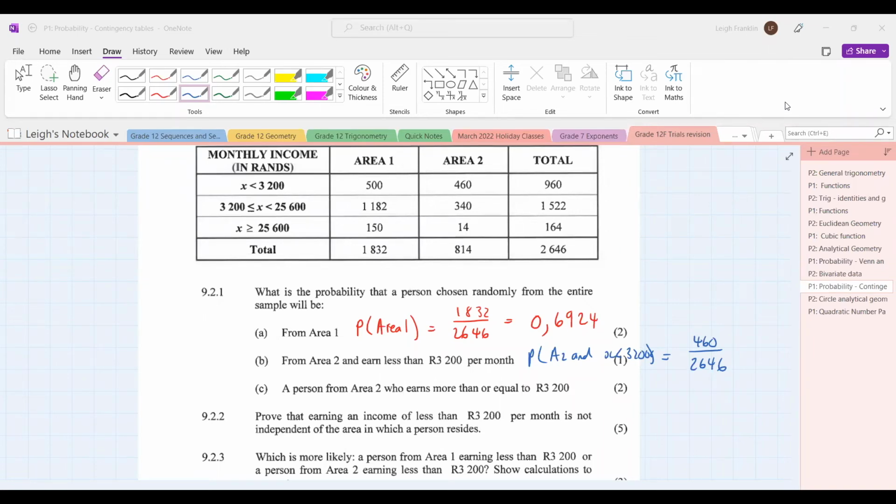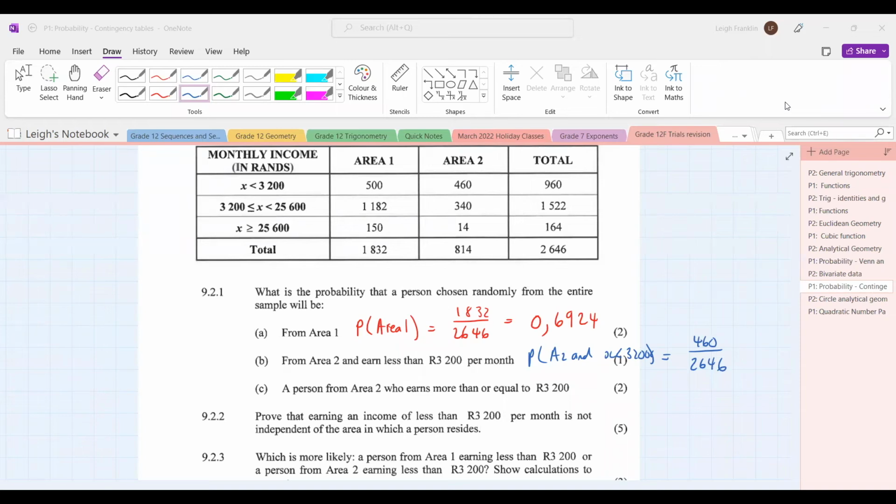No, so what they're trying to do here is that they're not just looking at the people that earn less than 3,200. This is one of the things that probably nobody's explained to you before: we don't do conditional probability. In other words, we don't do the probability of something given another set of conditions. That does exist, but it's done in AP maths or at university level.